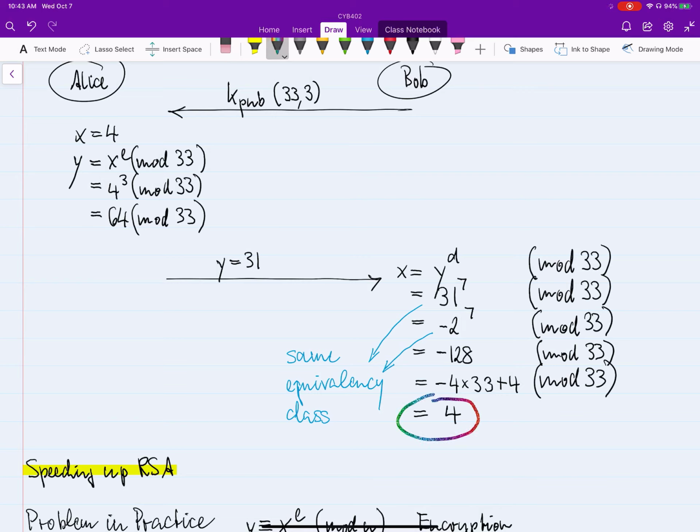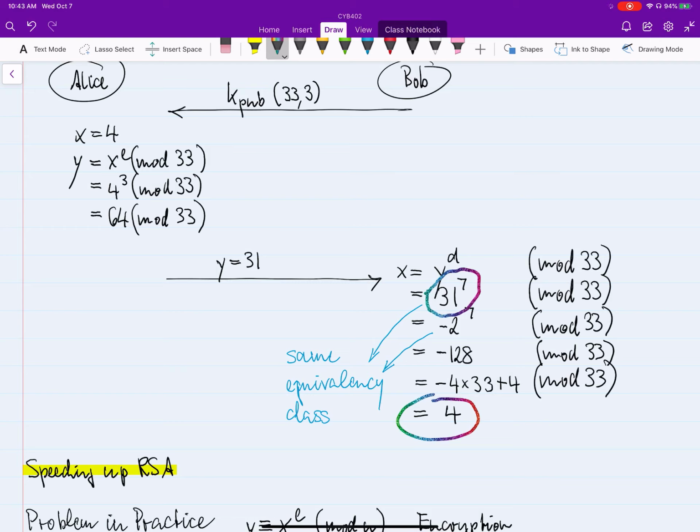Okay. So what I did is I used equivalency classes here, modulo 33 equivalency classes. 31 to the power of 7 is quite a large number. So an equivalent value of 31 is minus 2.